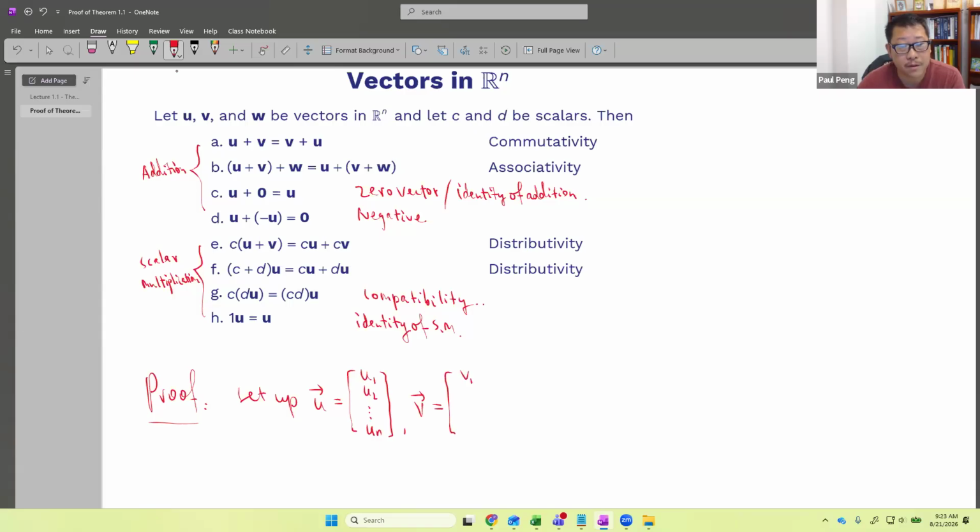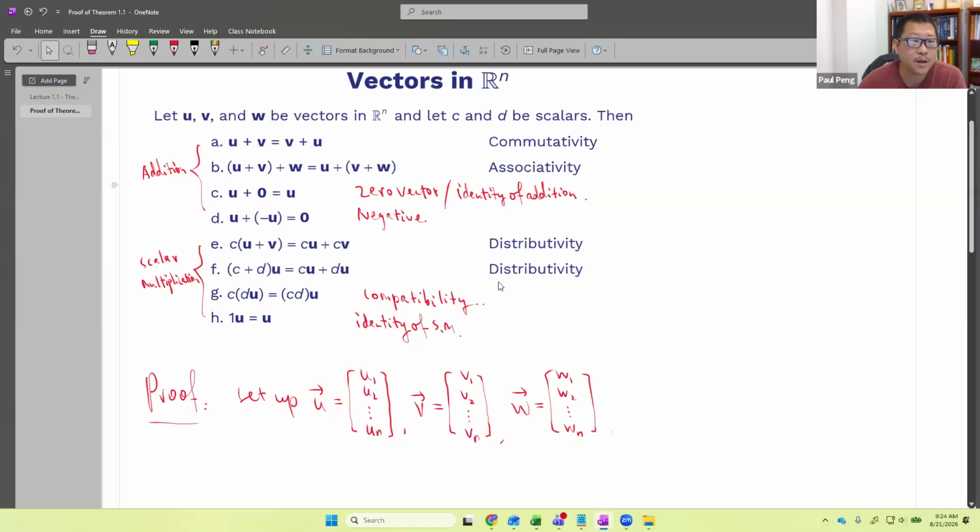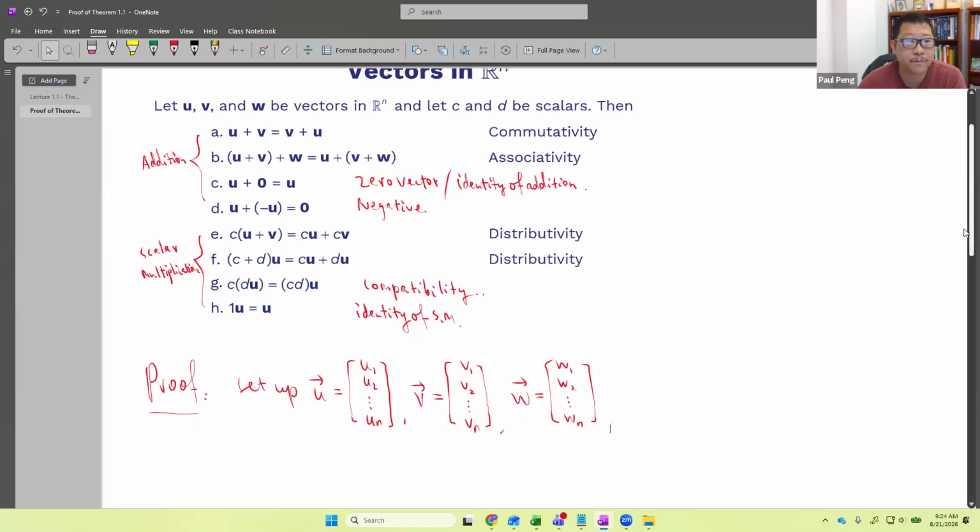So let me use v1, v2, to vn, n coordinates. One more, w. Let's say w1, w2, to wn. And c, d are scalar numbers.